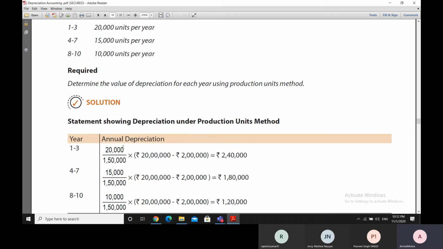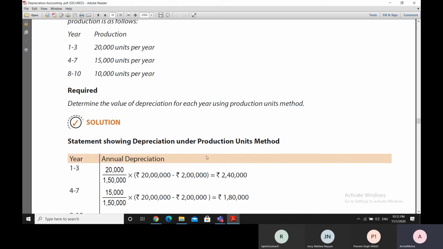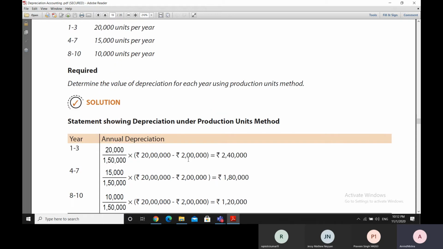So in the first 3 years, we'll be using a value of 20,000 divided by 1,50,000 into the depreciable value, and depreciable value is the cost minus salvage value or the residual value or the scrap value.